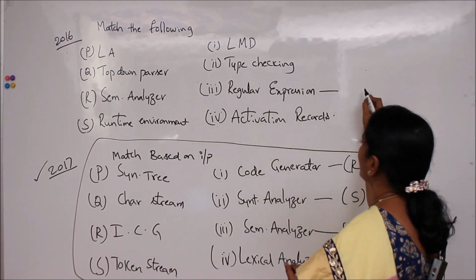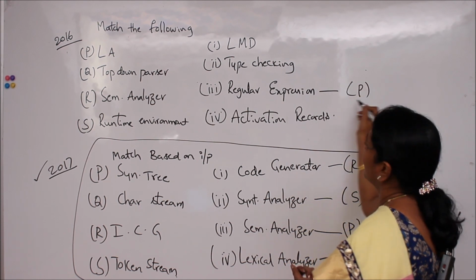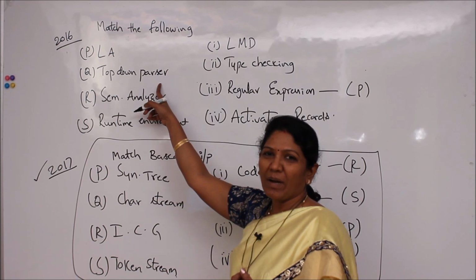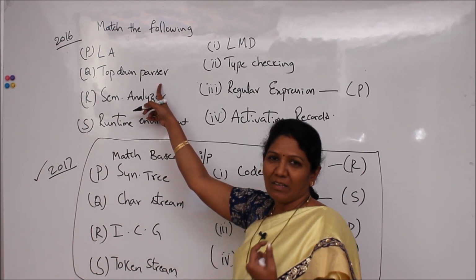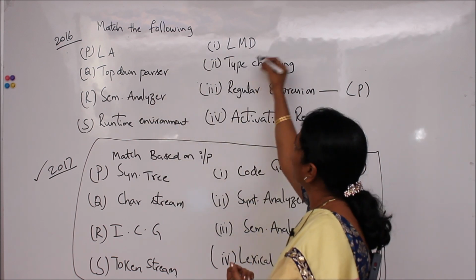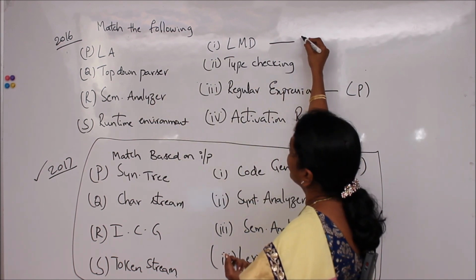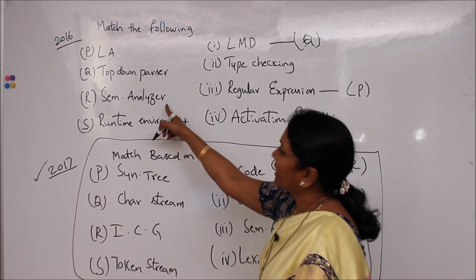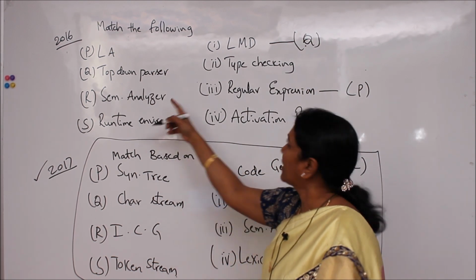We use the regular expression, so you can match this with this. And top-down parsing, so parser actually uses this leftmost derivation for parsing the given input stream. So here this is the key. And semantic analyzer performs what? Type checking.